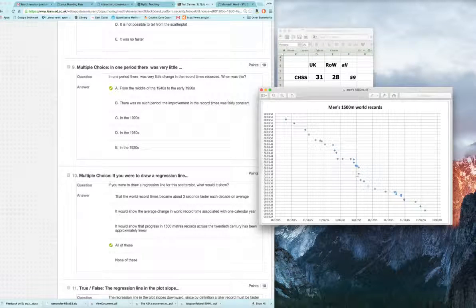There's a little deviation here where records seem to stall around the period immediately after the Second World War, and then caught up again, then start to flatten out, and then dive down again. So it's pretty straight. If in nearly 100 years the record fell 30 seconds, it's more or less falling about 3 seconds every decade.